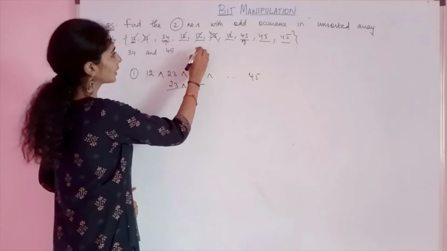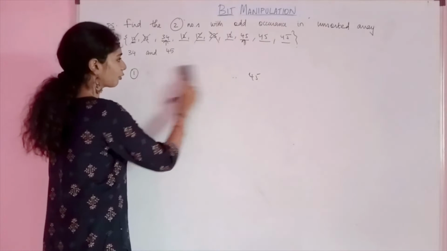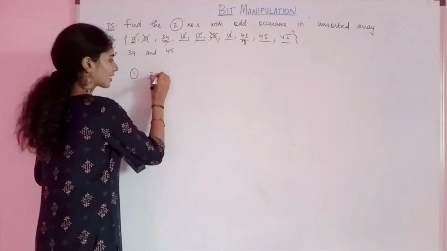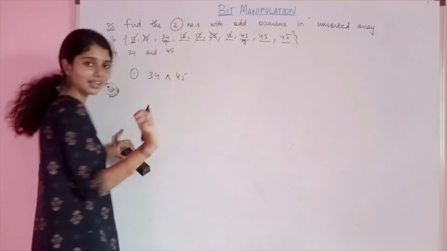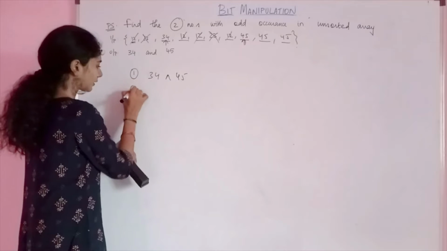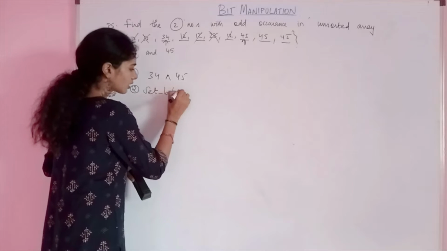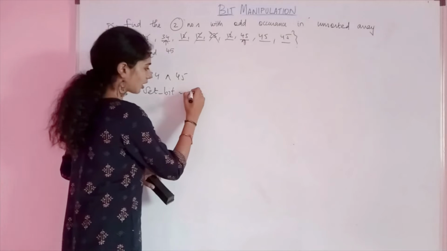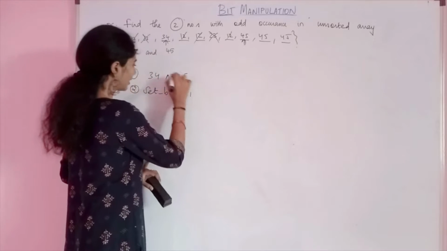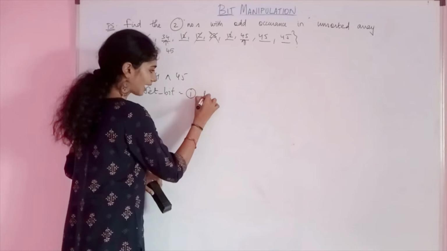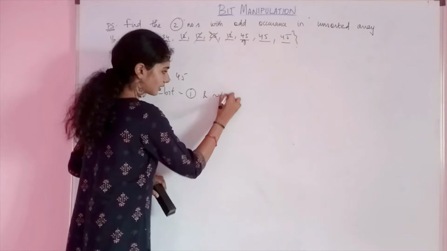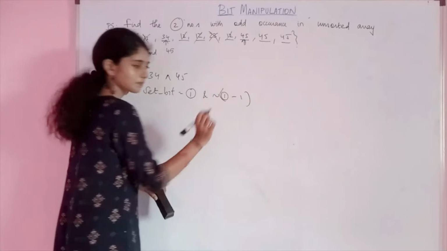So we'll be left with 34 XOR 45 as our answer. Now the second step is to find the set bit. The set bit, as we saw earlier, is going to be this value: XOR value AND negation of (XOR value minus 1).